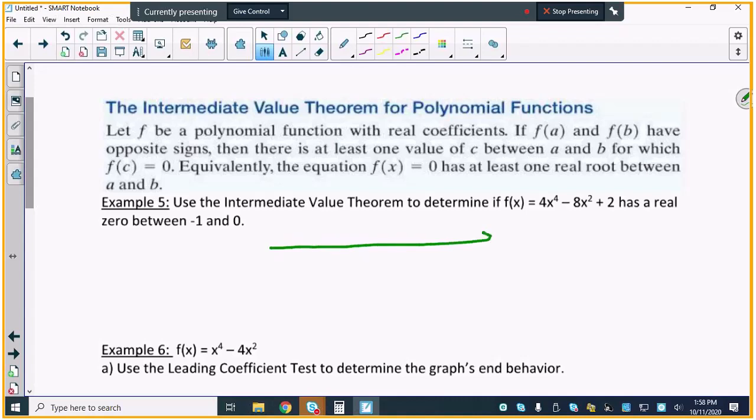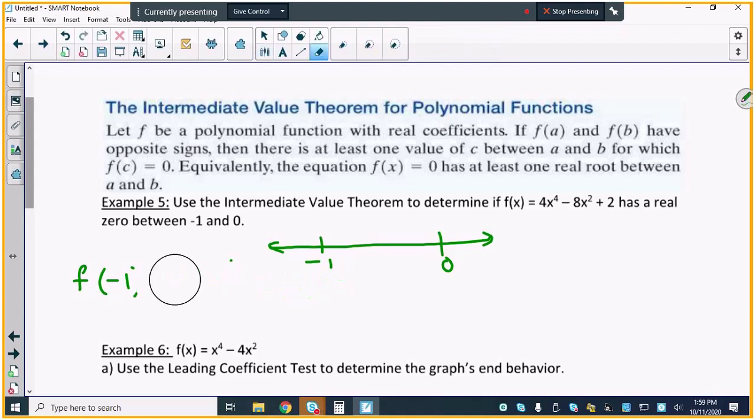So on the number line, I'm thinking about -1 and 0, and I want to know what happens with f of -1 sign-wise. So f of -1 is 4 times -1 to the power 4 minus 8 times -1 squared plus 2. Then we simplify.